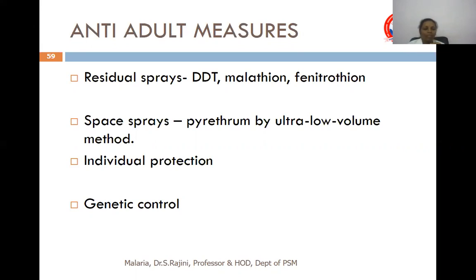You would have seen the fogging method, where they go through every street and use fogging to kill all the adult mosquitoes present outside. Individual protection, by proper clothing. And genetic control, to reduce the multiplication of mosquitoes laying eggs.